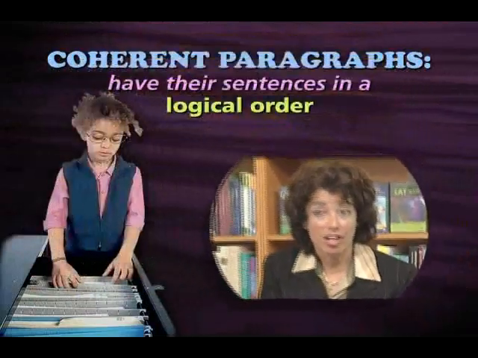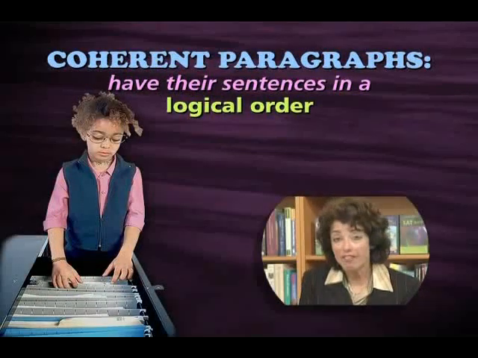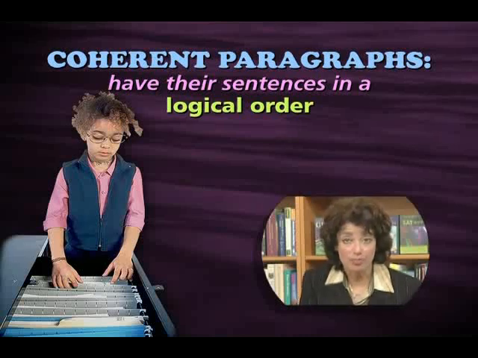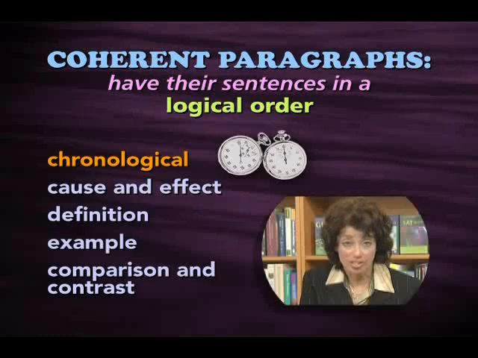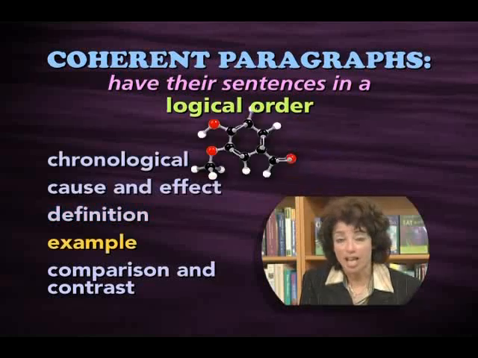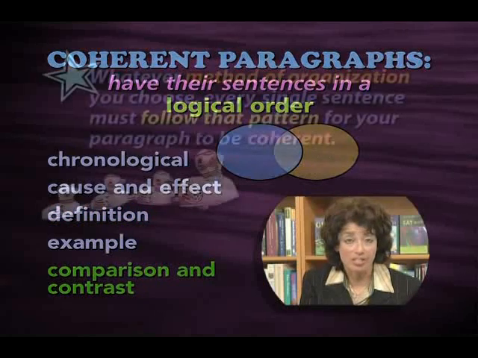You also want to write coherent paragraphs. Coherent paragraphs have their sentences in a logical order. That means the order makes sense to you and to the reader. There are many different kinds of order that you can follow. For example, you could have chronological order, that's the order of time. You could have cause and effect. You could have definition, example, comparison, contrast.